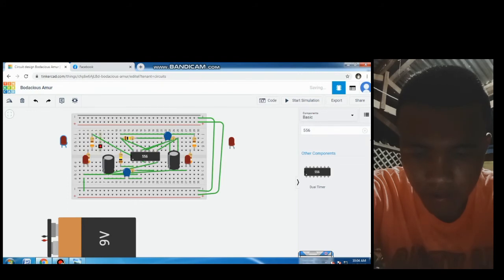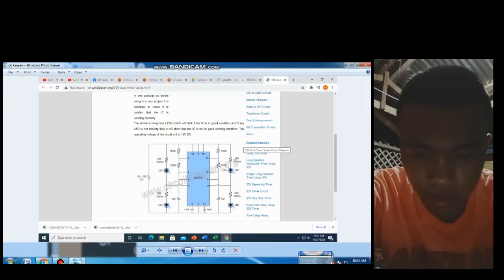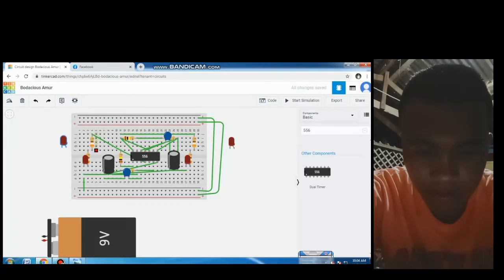Okay, now we connect the LED into the NE556 dual timer.